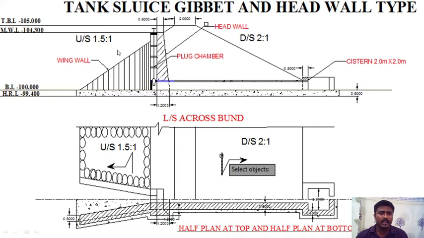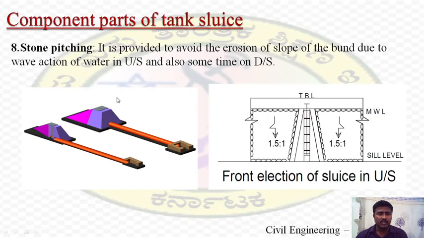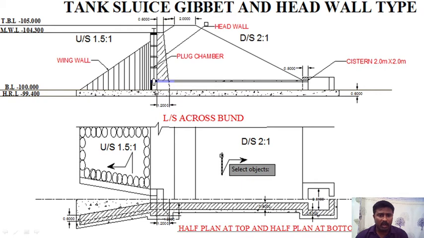On the other side of the head wall, draw a vertical line that touches the sill level. Next, mark a point equal to the bottom width of the head wall on the right side. Join these points to the right side of the head wall at maximum water level.